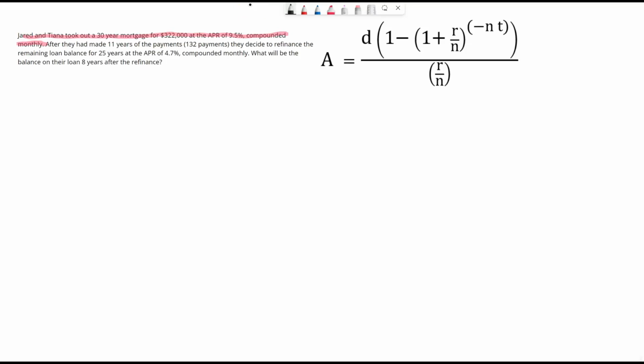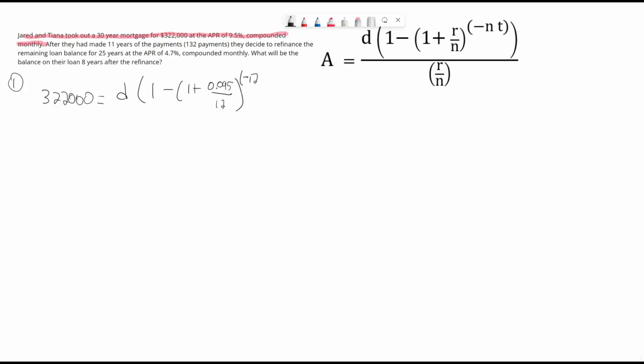So from the initial loan, we can put the $322,000 in for A. We do not know the monthly payment. 1 minus parenthesis 1 plus the APR is 9.5, so that's 0.095 divided by, this is monthly payment, so 12, to the exponent negative 12 times, and this is a 30-year loan, so we put in 30. Close, divide by R over N, 0.095 divided by 12.